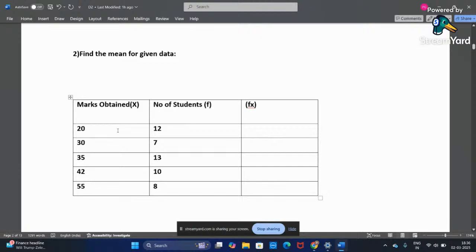We have to multiply 20 into 12 to get fx. Here the number of students is denoted by f and marks obtained is denoted by x. So multiply these two and get the answer, and multiply for all the six obtained marks and divide by the number of observations.